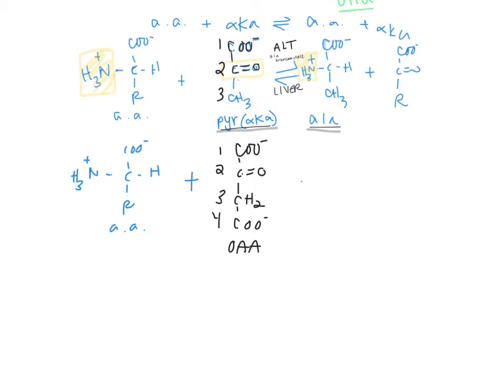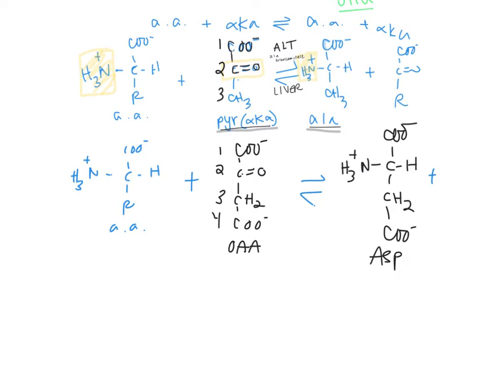The products of this are going to be the new amino acid, which comes from the alpha-keto acid, so I'm going to leave it in black, and H3N plus, C, H, COO minus, and then I have my CH2 group, COO minus. And that, my friends, is aspartic acid or aspartate, plus the leftover alpha-keto acid, which I'm just going to abbreviate as R.